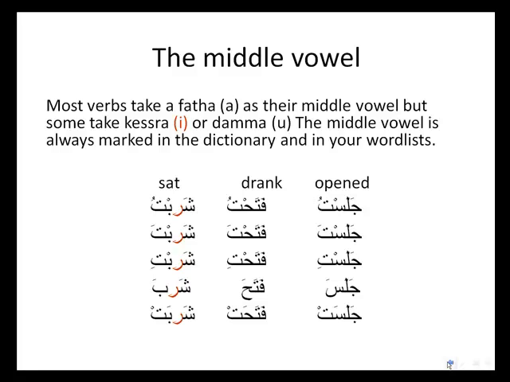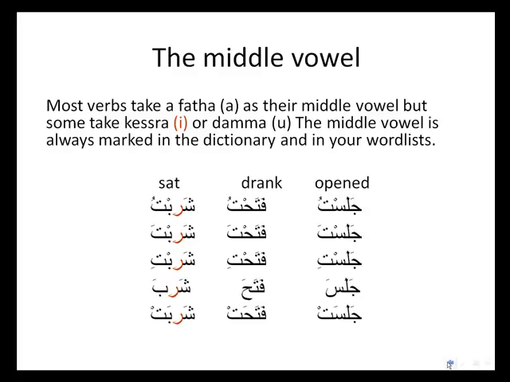For example, we have had jalastu, I sat, jalasta, you sat, you masculine, jalasti, you feminine sat, jalasa, he sat, jalasat, she sat. Fatahtu, I opened, fatahta, you masculine opened, fatahti, you feminine opened, fataha, he opened, fatahat, she opened.